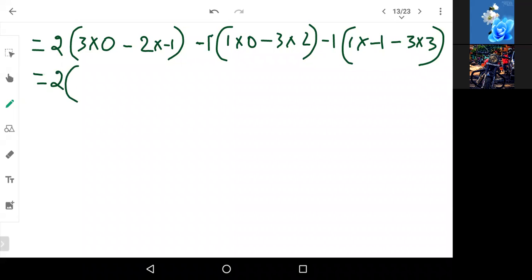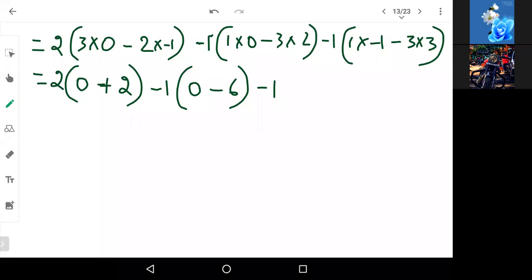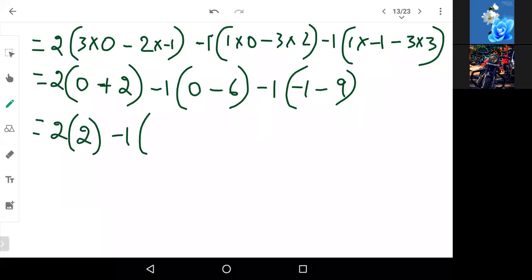So 3 into 0 is 0. Minus 2 into minus 1 is plus 2. Minus 1 into (1 into 0 is 0, minus 3 twos are 6). Then minus 1 into (minus 1, minus 9). So 2 into 2, minus 1 into minus 6, minus 1 into minus 10.